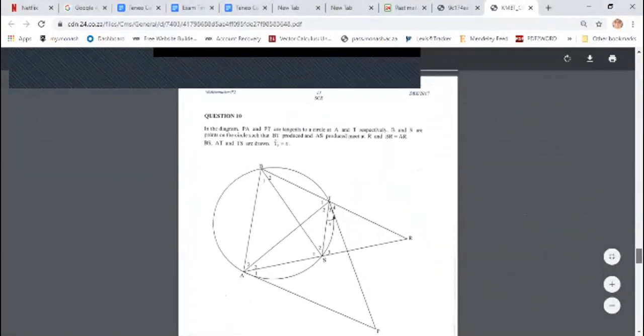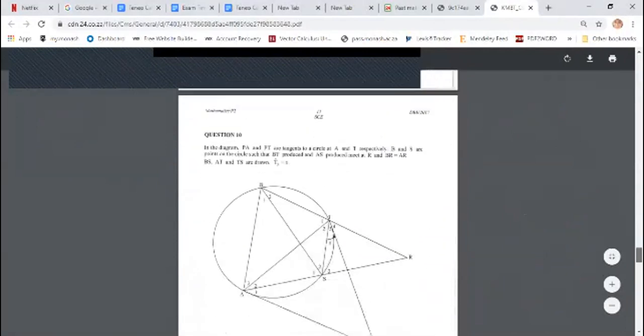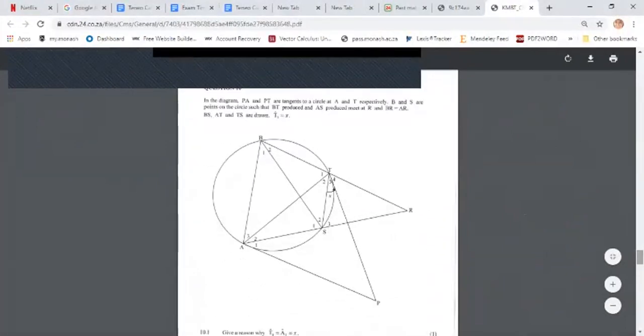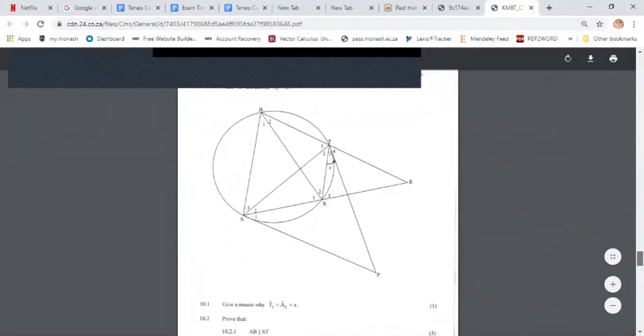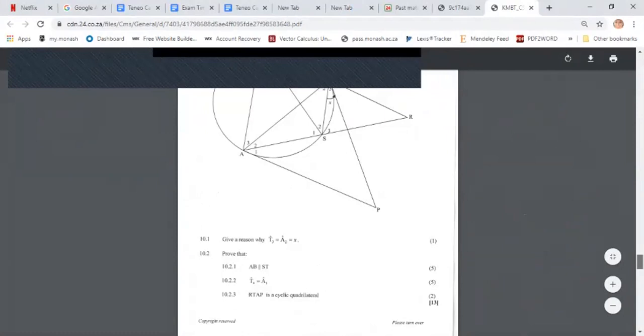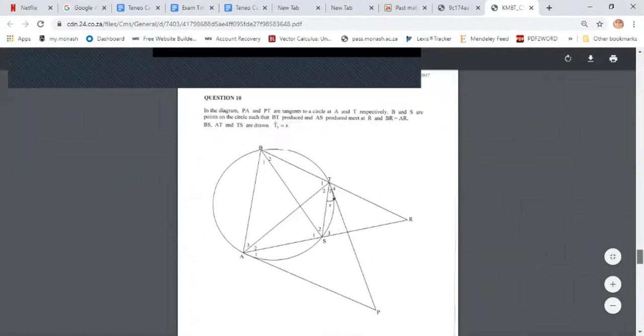All right, and we'll start reading through the next one. Question 10. I just want to see if it's also proportion. It probably is. No, not really. So this is a good one for somebody who asked to go through all the theorems. Some practice with this. Oh, now suddenly that thing has appeared.